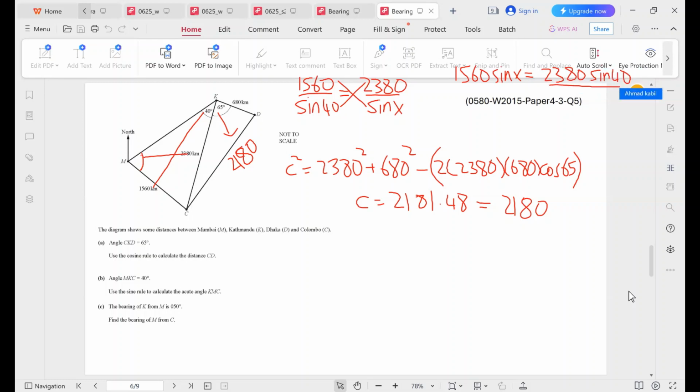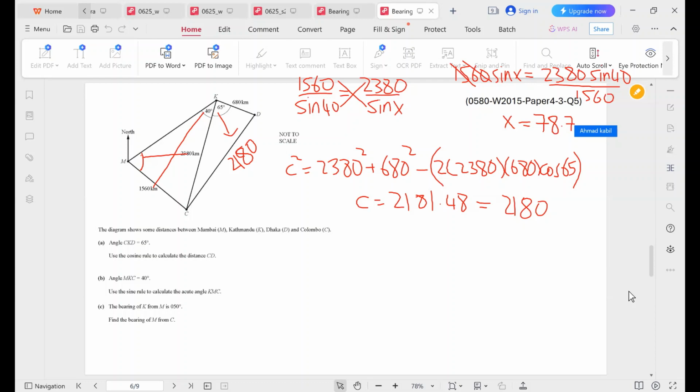And then we divide by 1560. So you have 2380 sine 40. And then equals, and then you get the answer, and you divide it by 1560. And then you do shift sine answer. So of course, we don't have this anymore anyway, so x equals 78.7 degrees.